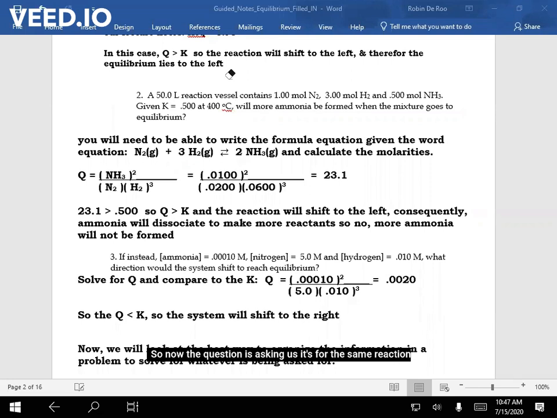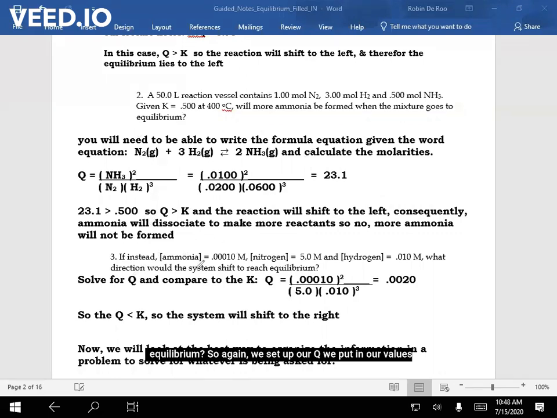Okay, so now the question is asking us, for the same reaction, if instead the ammonia was 0.0001 molarity, the nitrogen was 5 molar, and the hydrogen was 0.01 molar, what direction would the system shift to reach equilibrium?